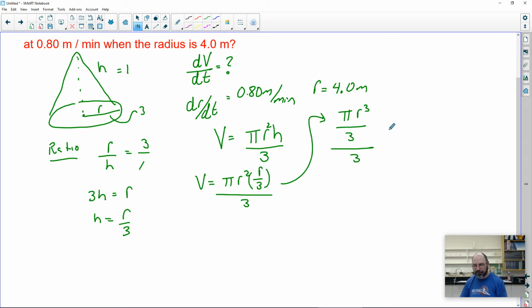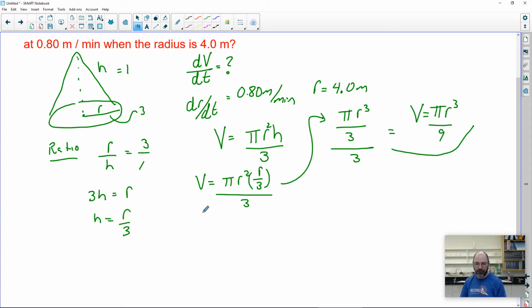Okay, and if we combine those two together, finally we got volume equals pi r cubed over 9. Okay, and there's our volume equation that we're going to be using for this particular pile of wheat right there.